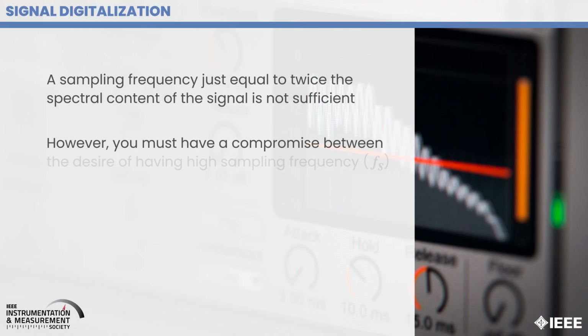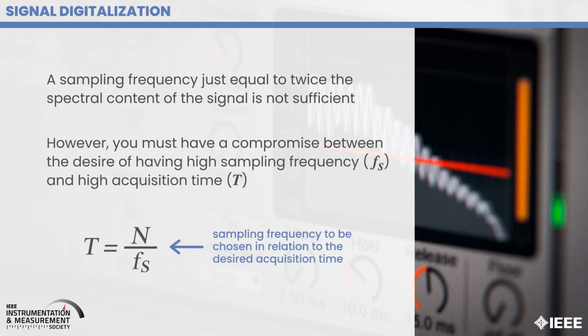In terms of sampling, it is usually good to go significantly beyond the double of the maximum frequency content of the signal to avoid aliasing issues and to reconstruct signals that do not mirror the original ones.